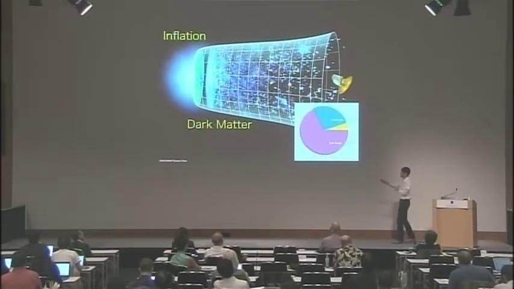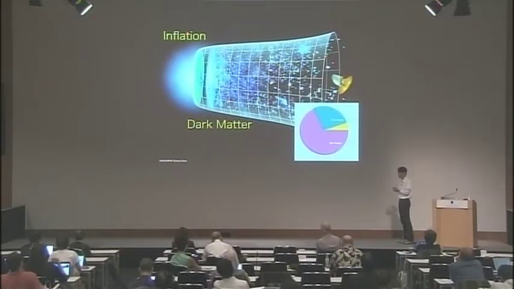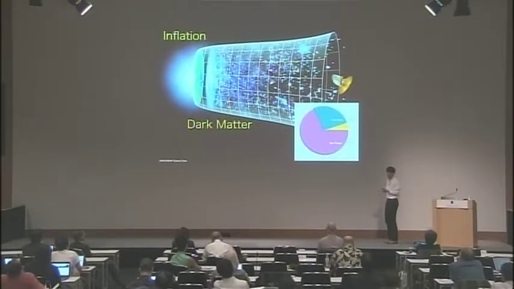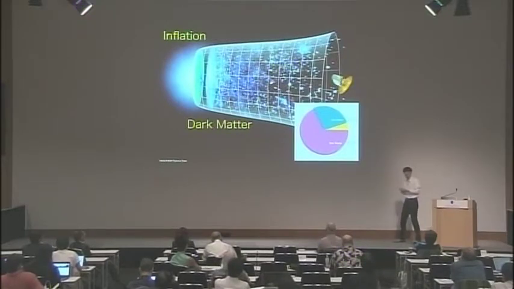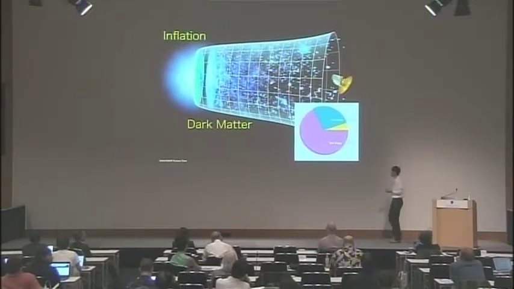As everybody knows, the inflaton drives inflation in the very early universe, and dark matter plays a very essential role in structure formation. Usually the inflaton and dark matter are considered different objects, but actually they have something in common. Both are electrically neutral, and they both occupy a significant fraction of the universe, of course at different times.